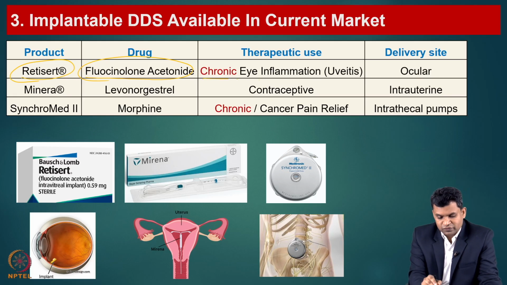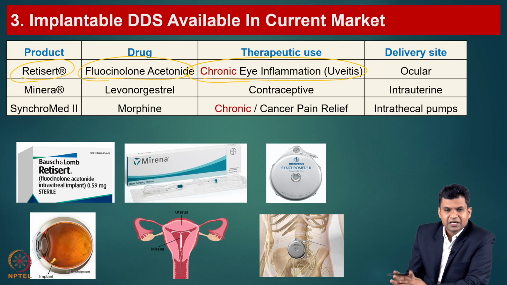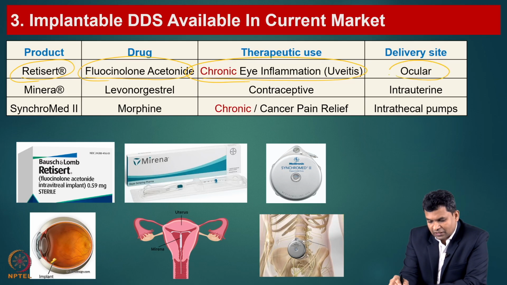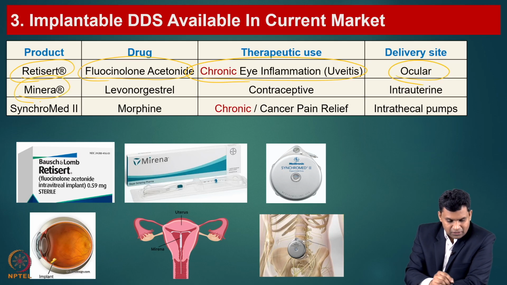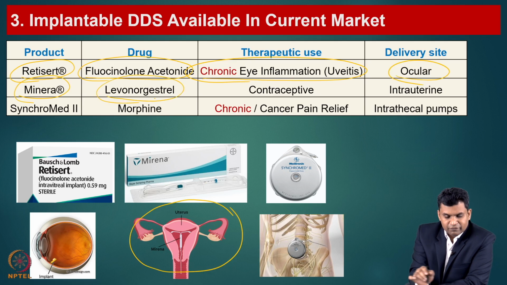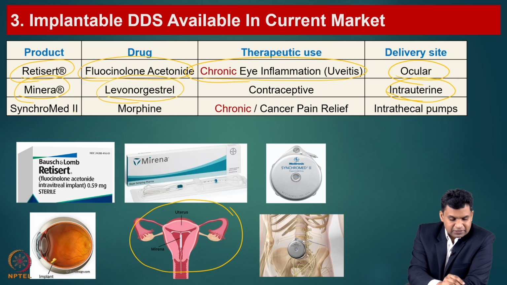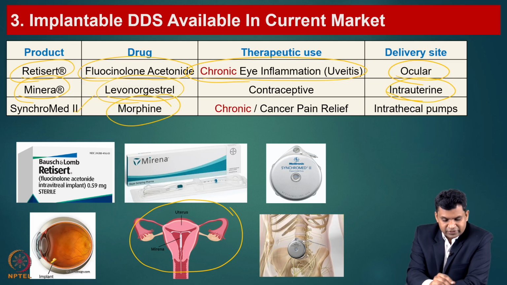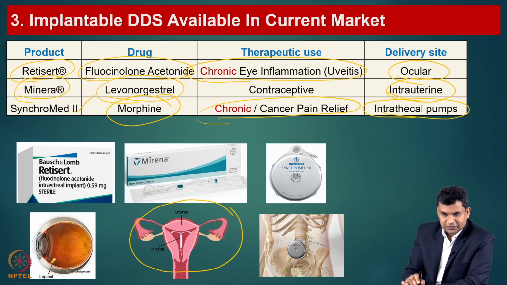This can be used for the treatment of eye diseases, chronic eye inflammation which happens in uveitis, and the application is ocular treatment. The second one is Mirena, which can be used for contraception, and the drug is levonorgestrel, and the application is intrauterine. And this is another device which will provide morphine. It will help with all types of pain relief and needs to be placed by the intrathecal route.